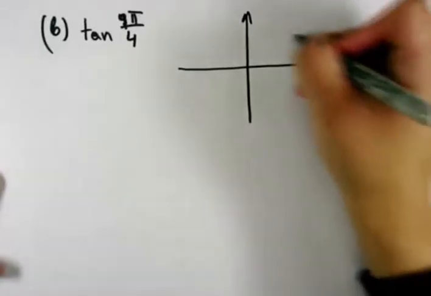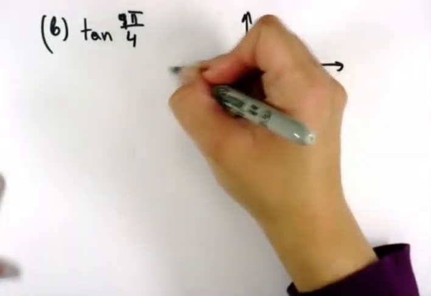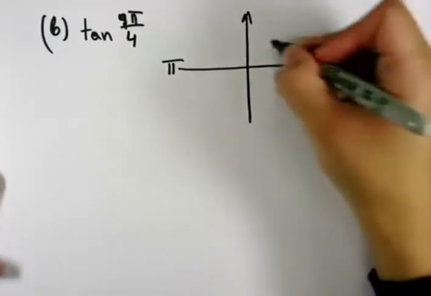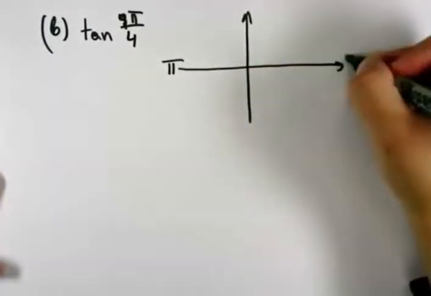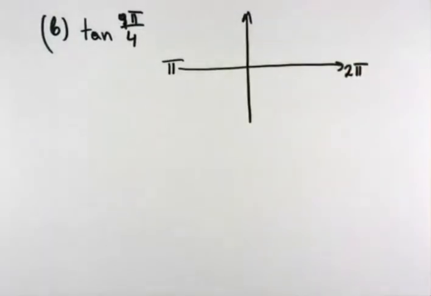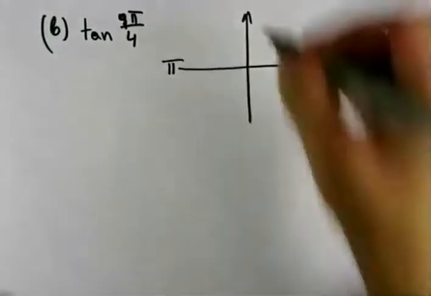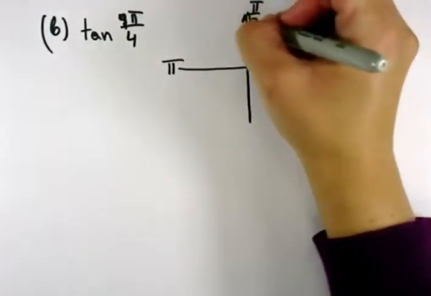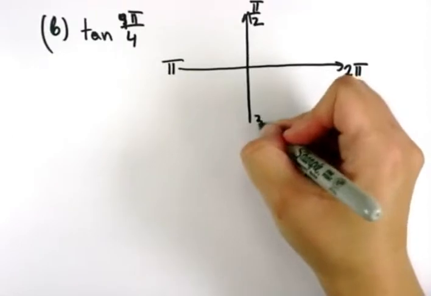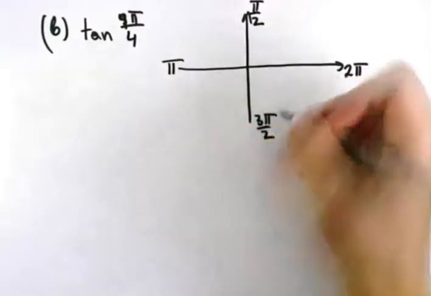If I keep opening from this one, here is my 1 pi, straight angle 180 degrees. If I open it to a full rotation, I will get to 2 pi. This one is pi over 2, and this one would be 1 pi and a half, so it's 3 halves pi.